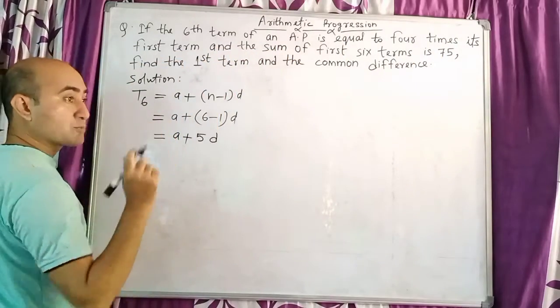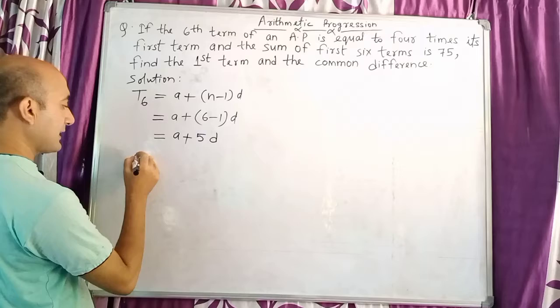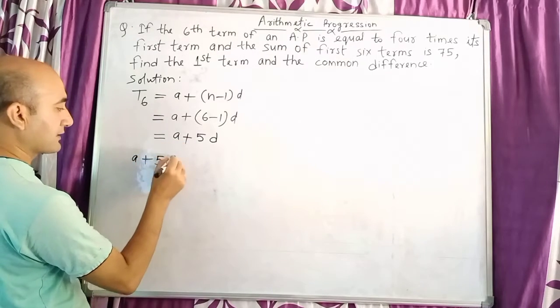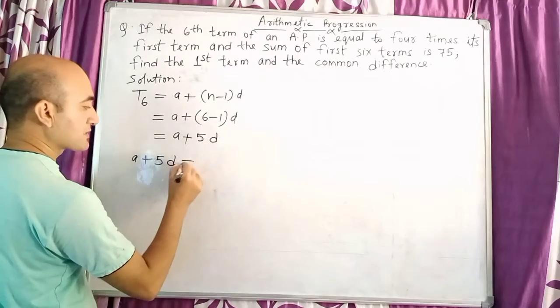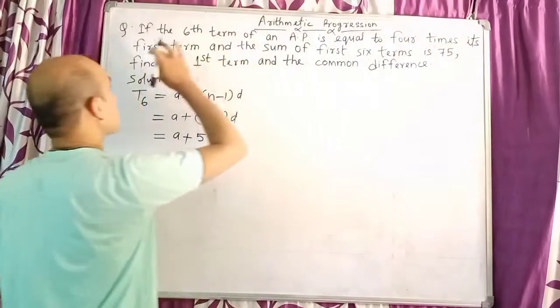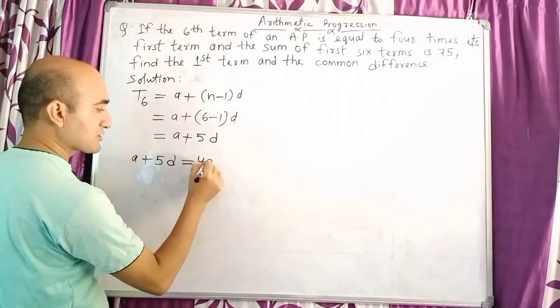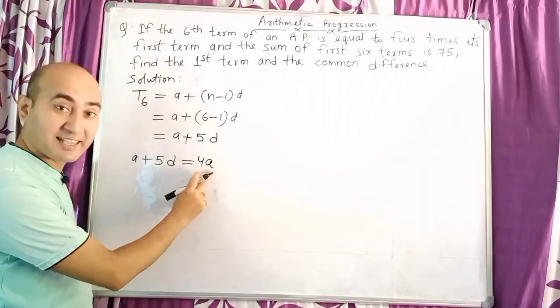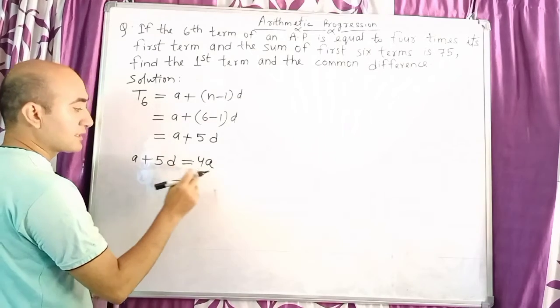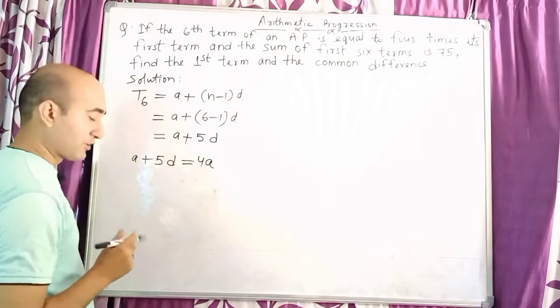So according to my first case, I can say that the sixth term, that is A plus 5D, this is my sixth term. This is equal to 4 times its first term. 4 times its first term means first term is A, 4 times means 4A. So the sixth term is 4 times the first term.